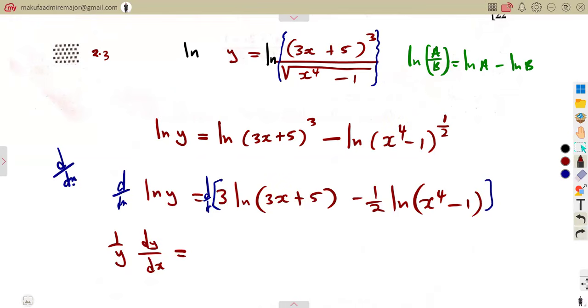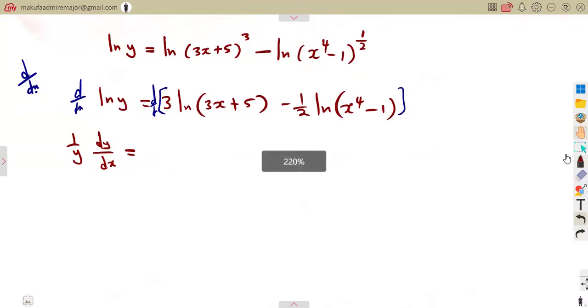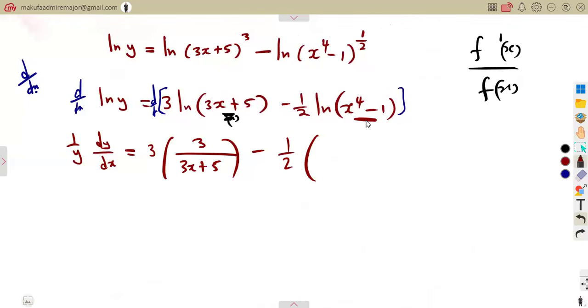So we're going to differentiate straightforward. Remember the derivative of a ln: how do you differentiate a ln? It is the first derivative over f of x. So in this case, it's going to be 3 times the first derivative of 3x + 5 over f of x, which is 3x + 5, minus 1 over 2 times the first derivative over f of x.